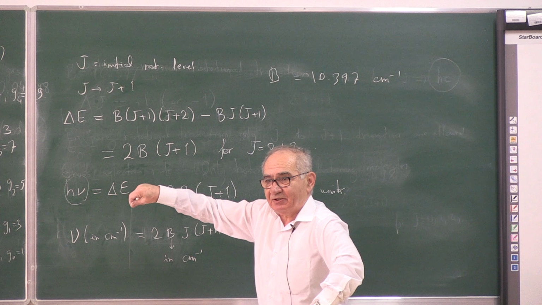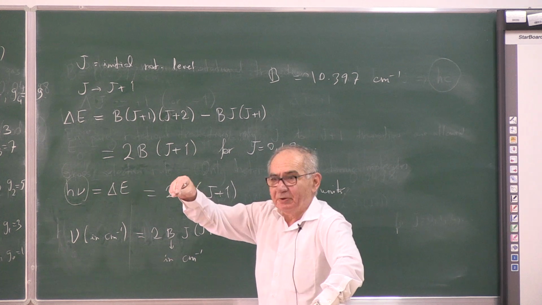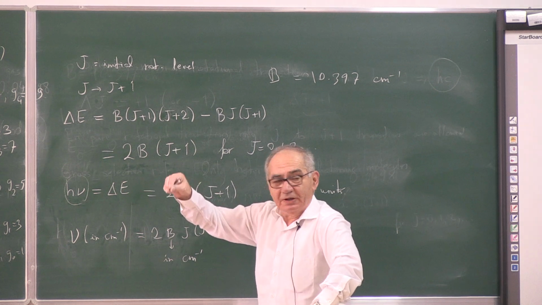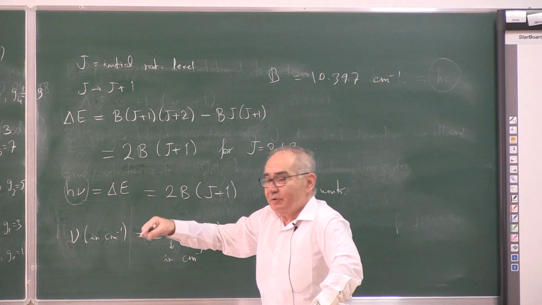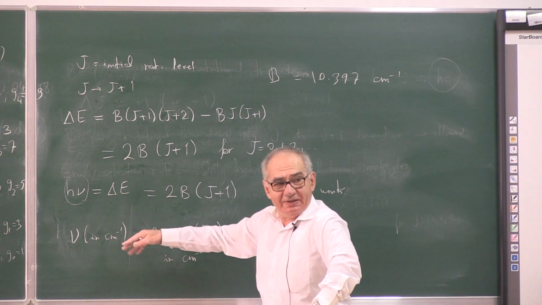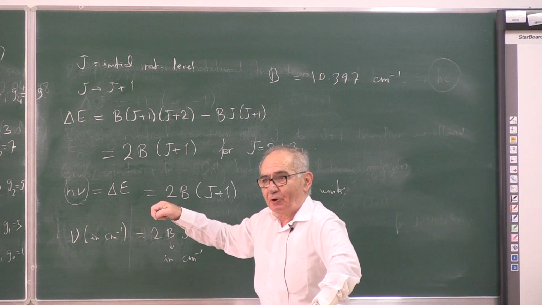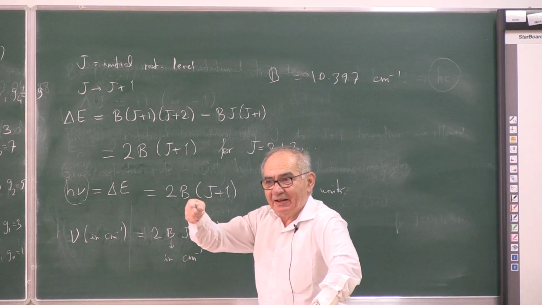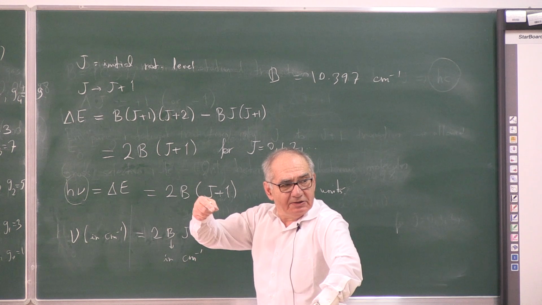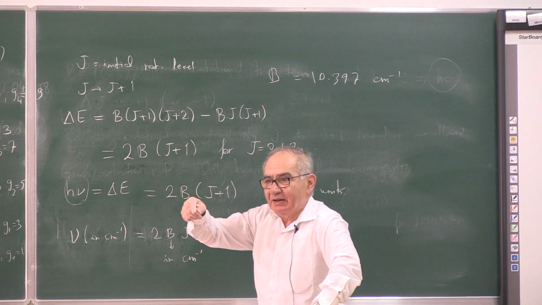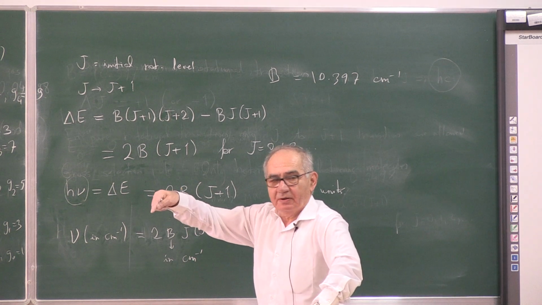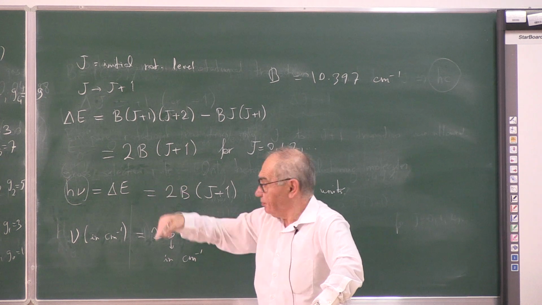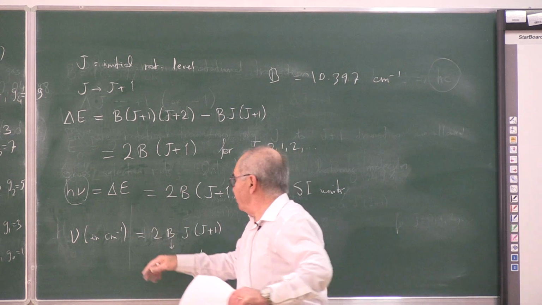Just c. C times this number will give it to you in hertz unit. Or you may regard it as photon energy also. In that case, the conversion factor is h times c.